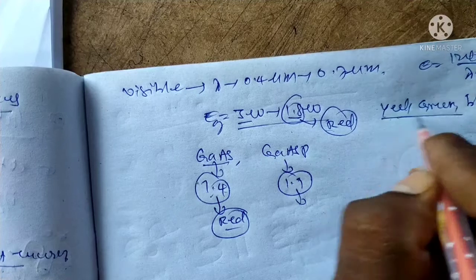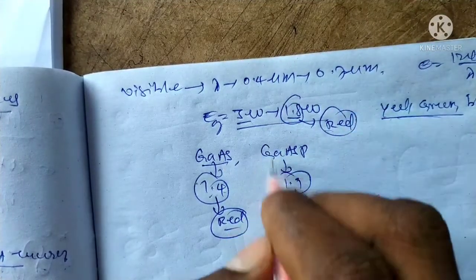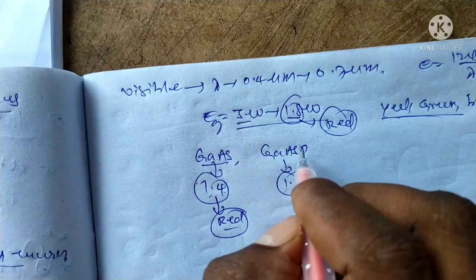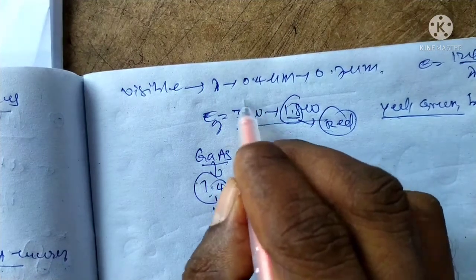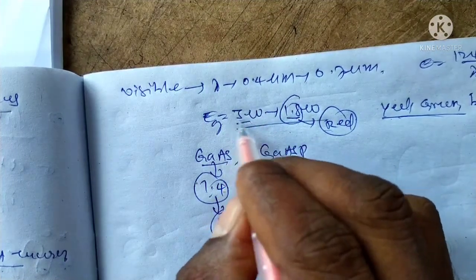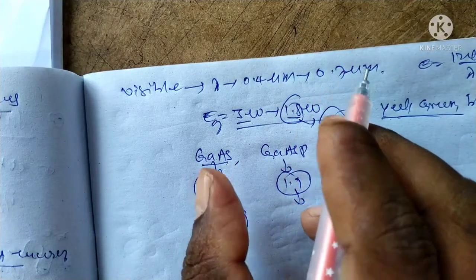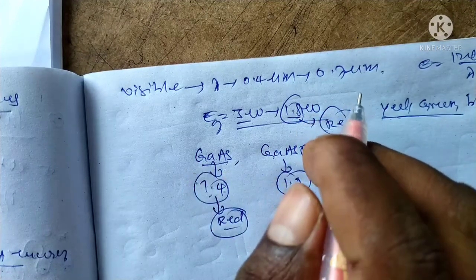That means it depends upon the wavelength range, the spectrum of the wavelength range, and it emits different colors. That is, electrical energy is converted into light energy, and that light energy depends upon the band gap of the material or the width of the p-n junction diode. Any material has some amount of energy band gap.